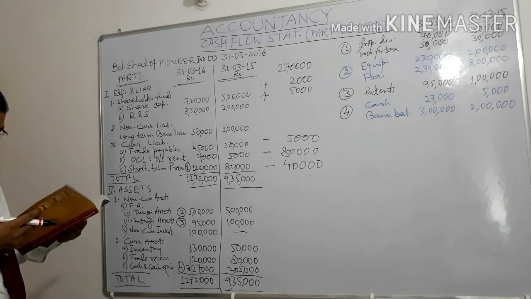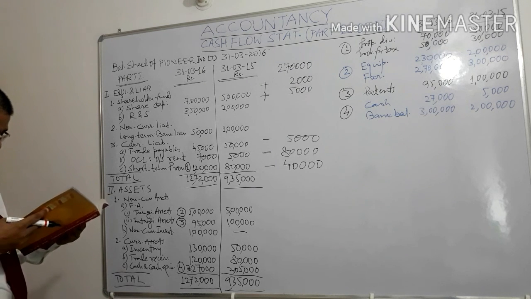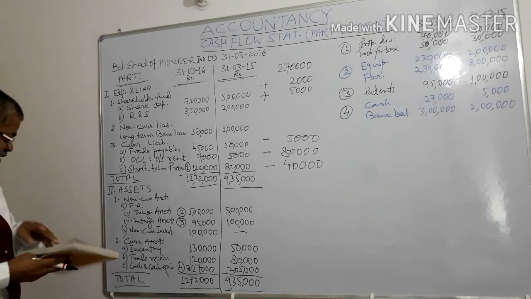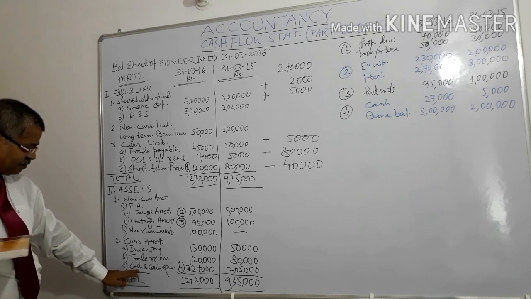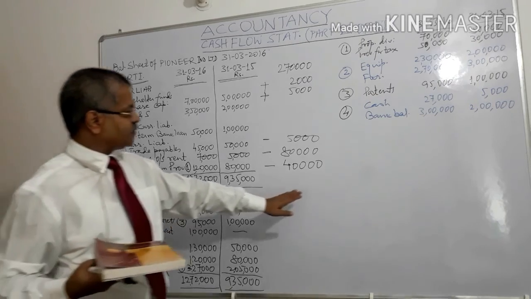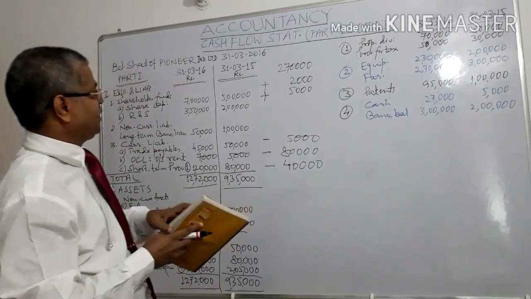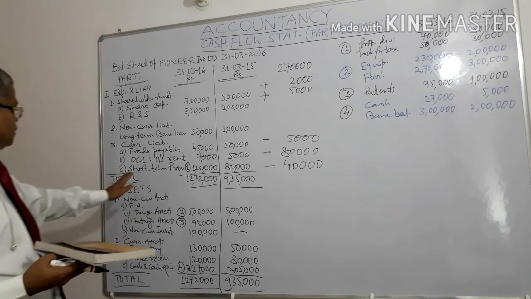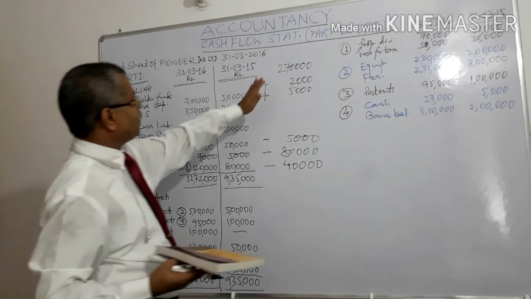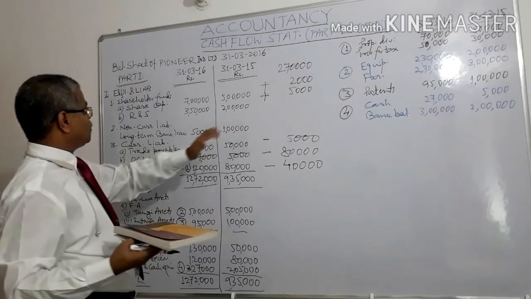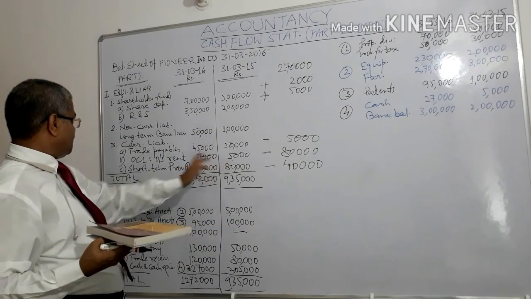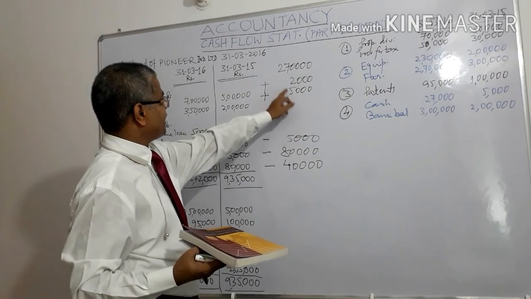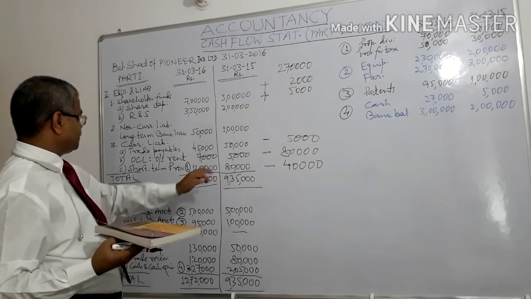So here what will we do? This will be the last item to arrive at our cash flow statement, right? 275,000, the amount of increase in other current liability, outstanding rent increase has been added, right?